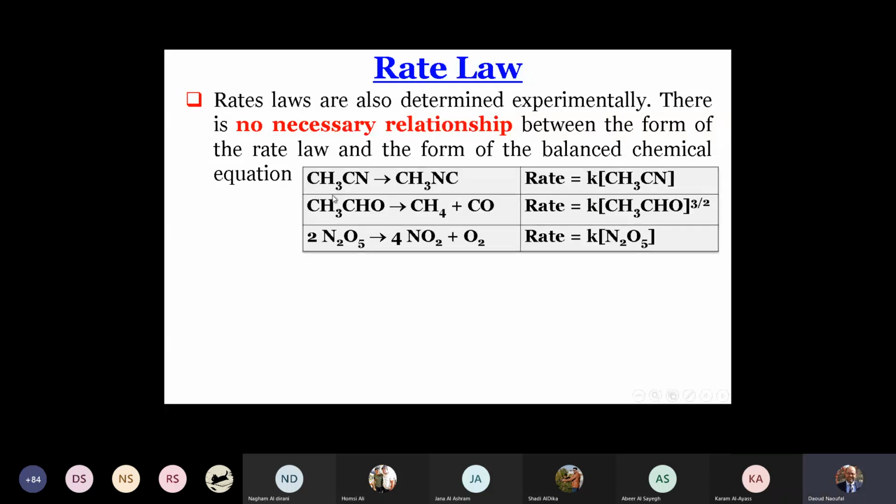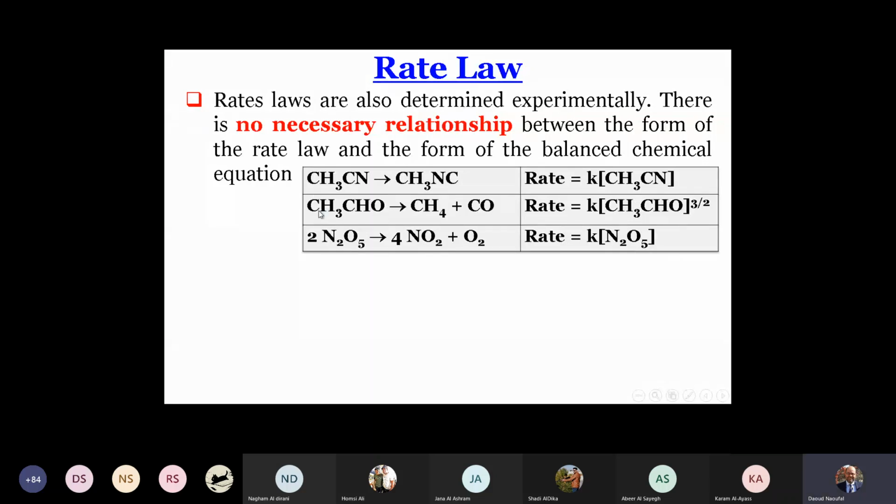For example, the transformation of CH3CN to CH3NC. The rate of the reaction found experimentally is equal to K times the concentration of CH3CN to the power 1.